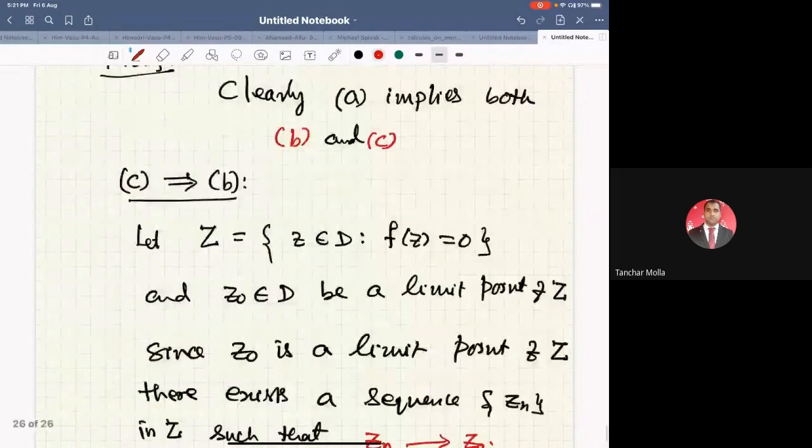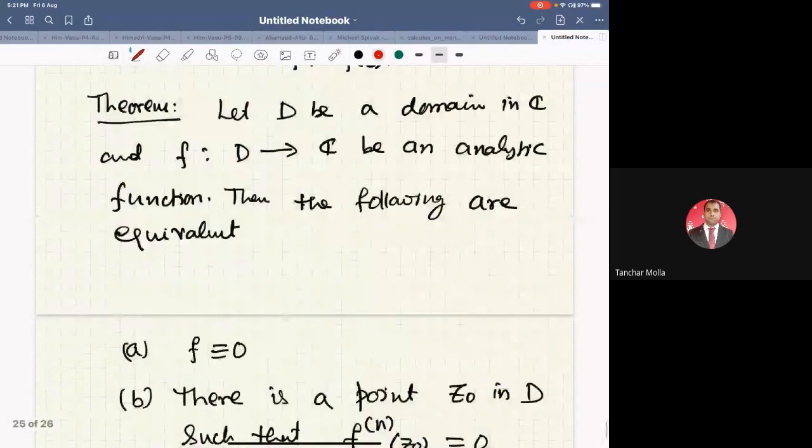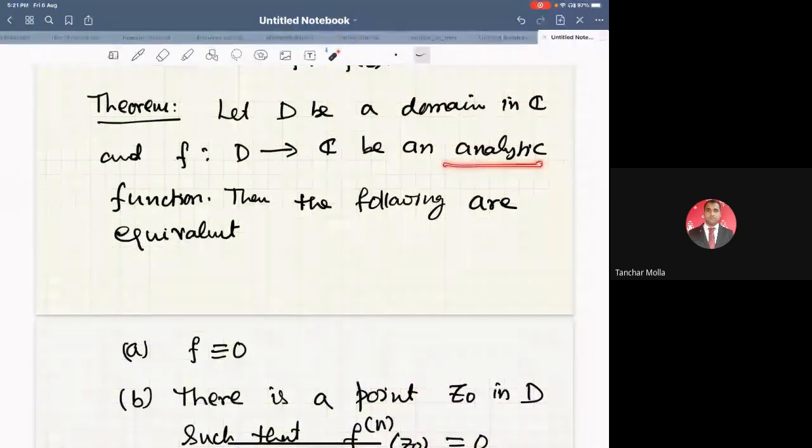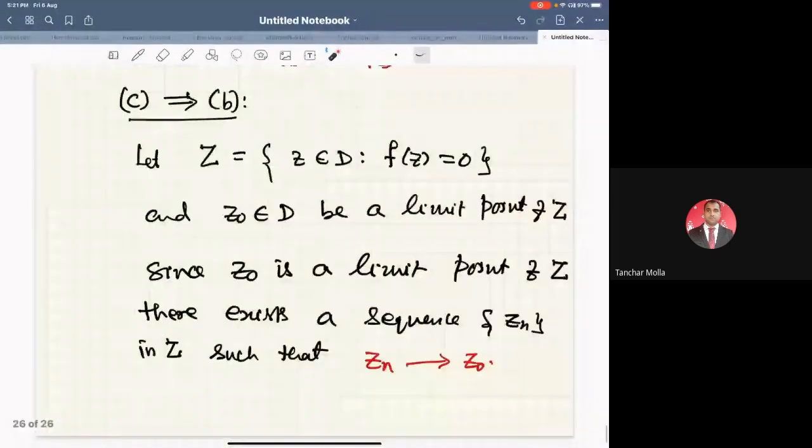Now what is given? Our f is an analytic function. So in particular, it is differentiable, and in particular, it is a continuous function. So I will use the property of the continuity of f.